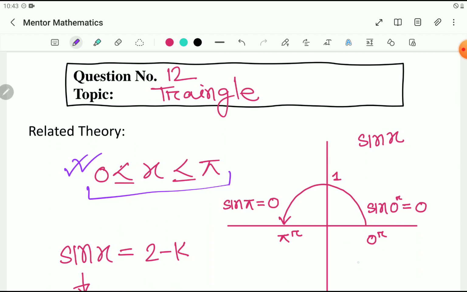if we draw Cartesian coordinate, so this is the 0 radian and this is pi radian, and in between this range, the sine wave can have the minimum value of 0 and maximum value 1, because sine pi also 0. So the value of sine x actually lies between this 0 and 1.